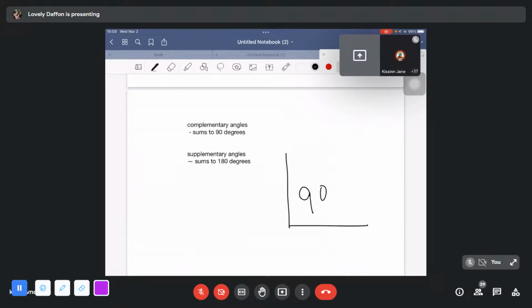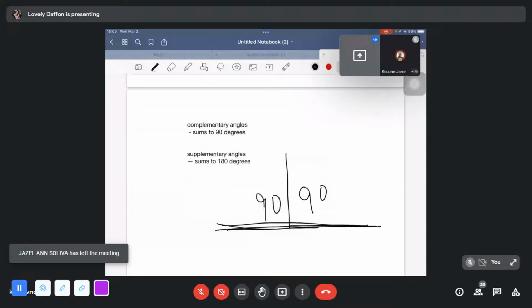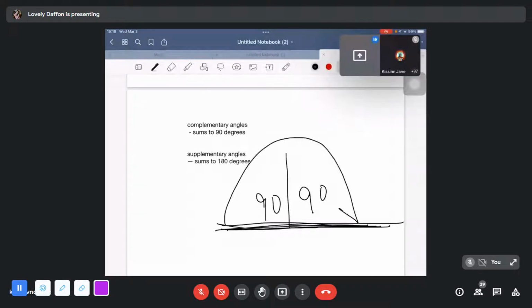The opposite of the right angle, which is perpendicular to this one, is also 90. And when you have a protractor, imagine that this is a straight line. The protractor will measure from here to here. That is why we have a protractor, because protractors are used for measuring angles.